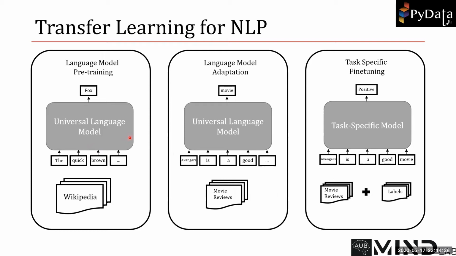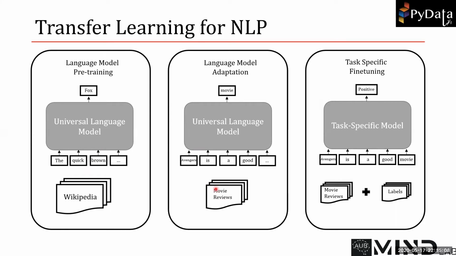So instead of using just the first layer here, we use the whole model on our own tasks. So let's say our task is sentiment analysis on movie reviews. Here we have a new domain for our language. The vocabulary used in movies is different from the vocabulary used in Wikipedia, and it's different from the vocabulary used in news articles.